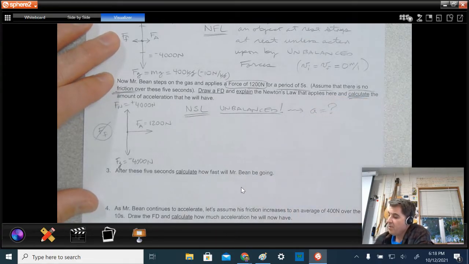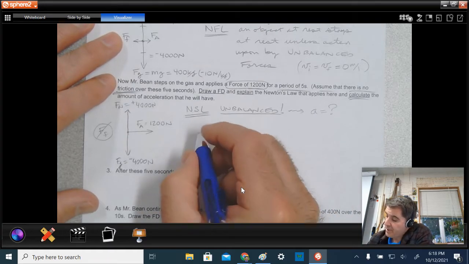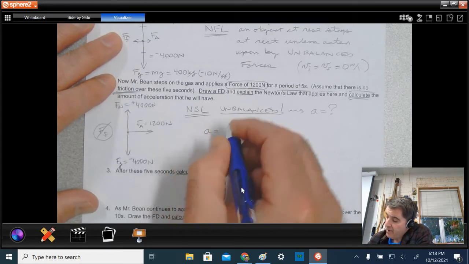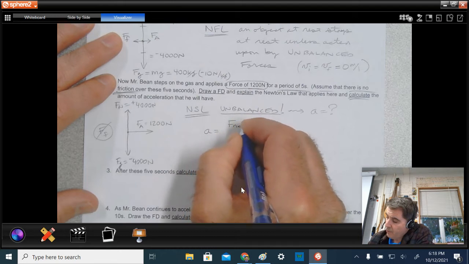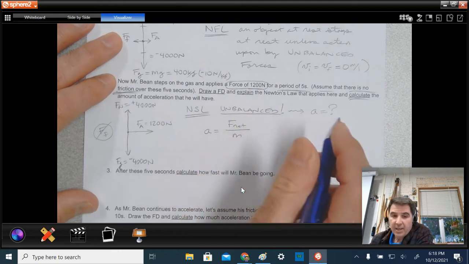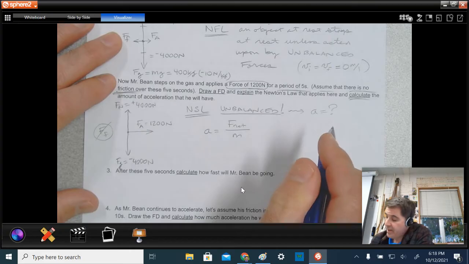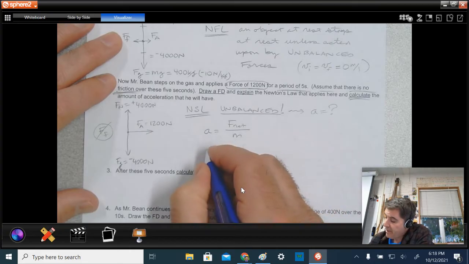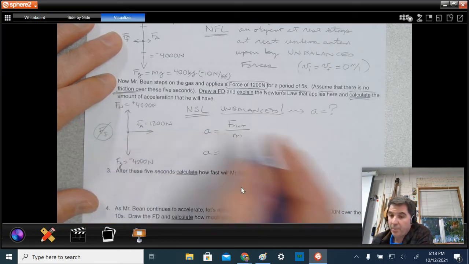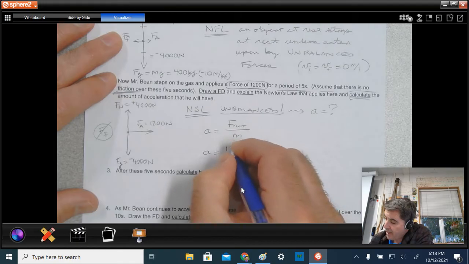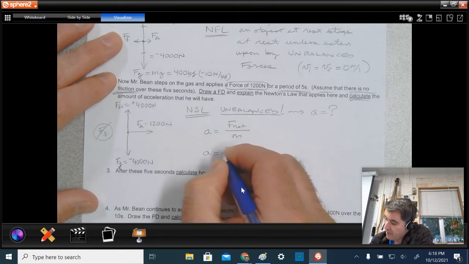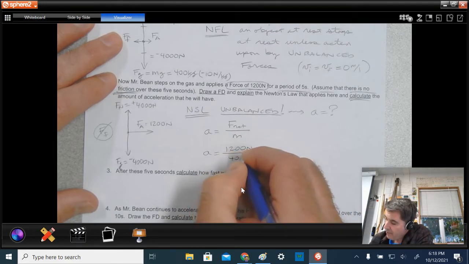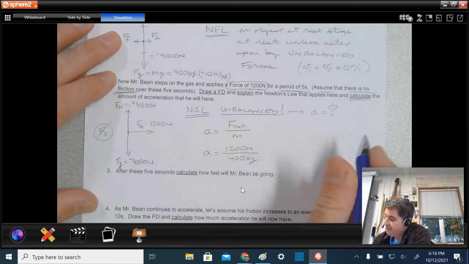In this case, we're going to find out what the acceleration is going to be. What we know is that acceleration is equal to net force over mass. And in this case, the net force is quite easy because there is no opposing force. And so we have 1,200 newtons over 400 kilograms.